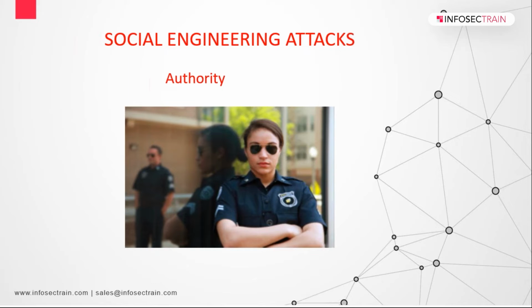Now, the guy who stopped you is wearing casual dress, and he says that you were over speeding, due to which you have to give a penalty. What would you do in that situation? Will you give the penalty?